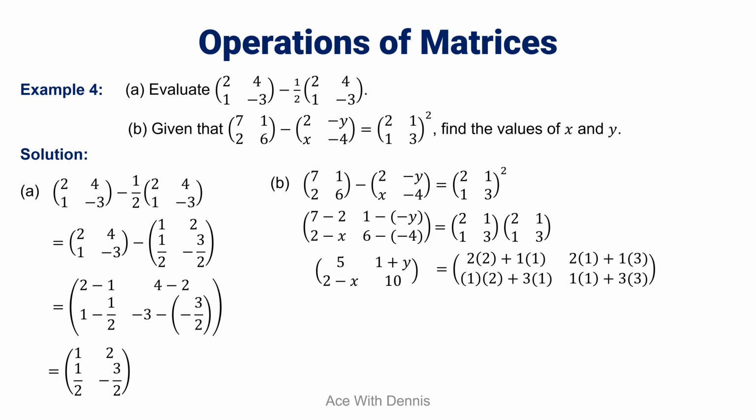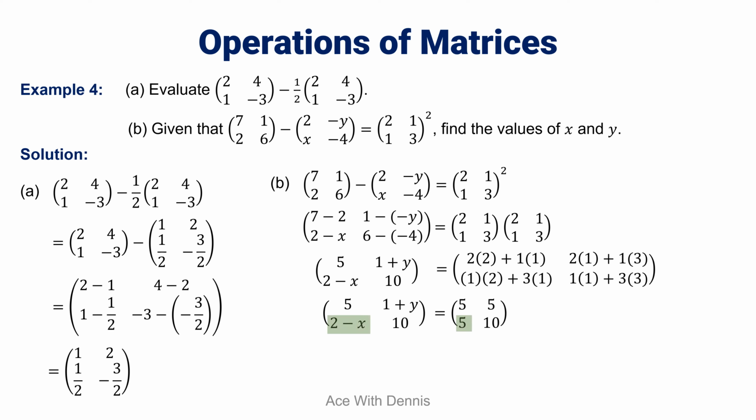We have matrix [2 times 2 plus 1 times 1, 2 times 1 plus 1 times 3; 1 times 2 plus 3 times 1, and 1 times 1 plus 3 times 3]. So calculate the right hand side. We have matrix [5, 5; 5, 10]. Now I want to find the values of x and y.